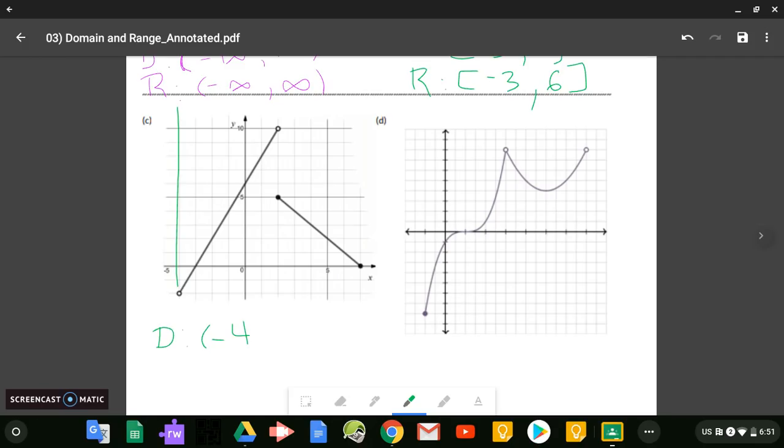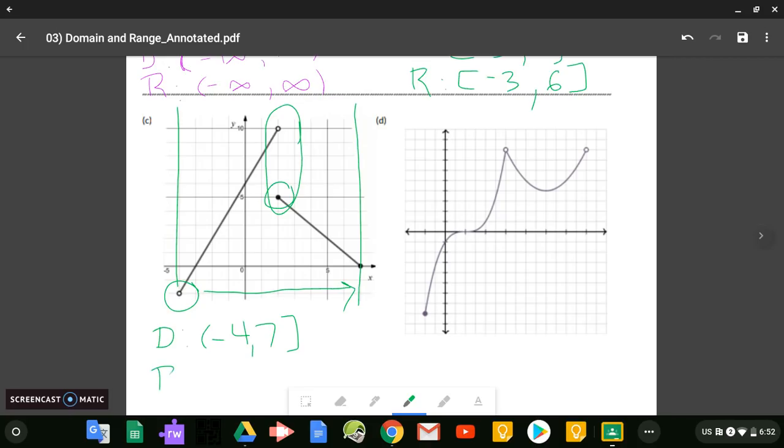Now I'm going to use a parenthesis here because I'm not actually including -4 for my value. Now if I look along the x-axis, the furthest it goes to the right is going to be +7. I'm going to include that value because it's a closed circle there. Now you have to mind this, but because we have an included value of this circle, we're good.